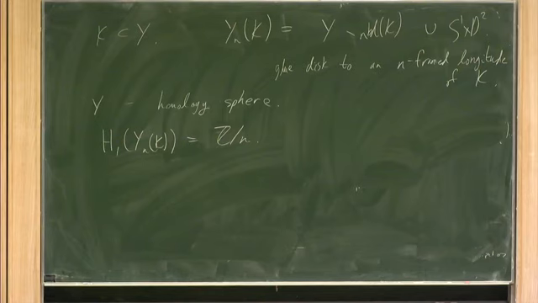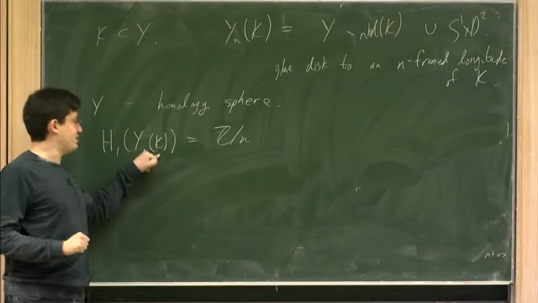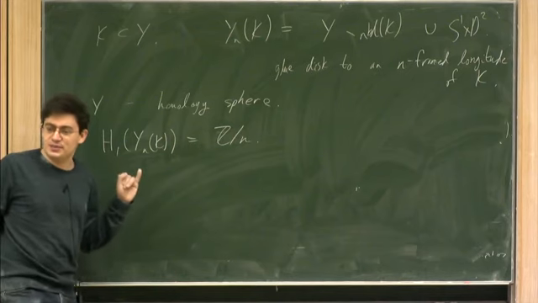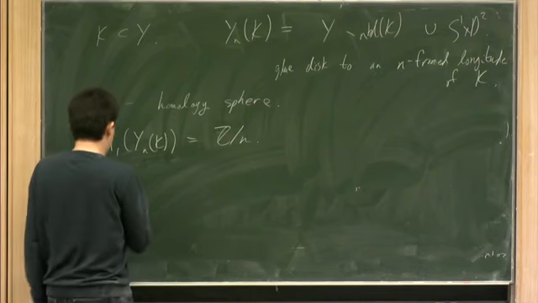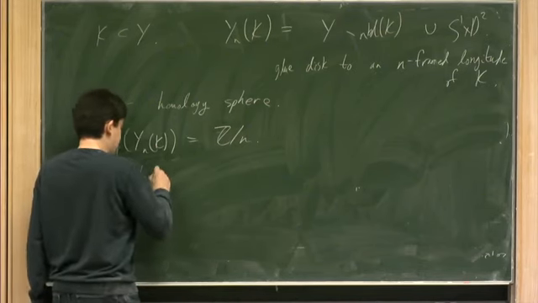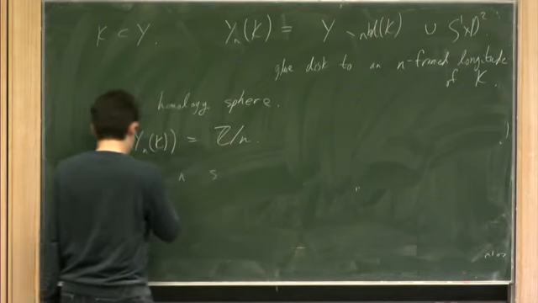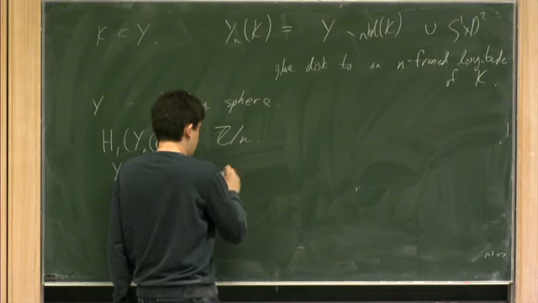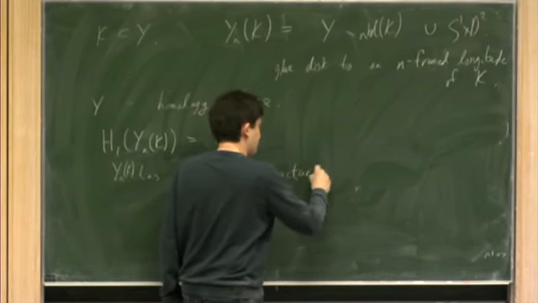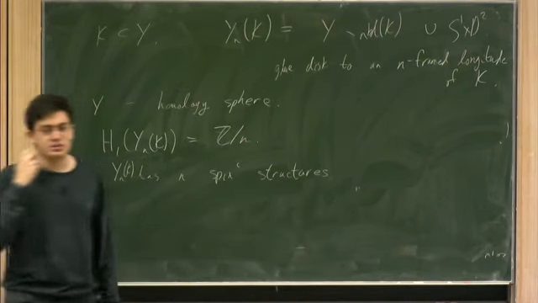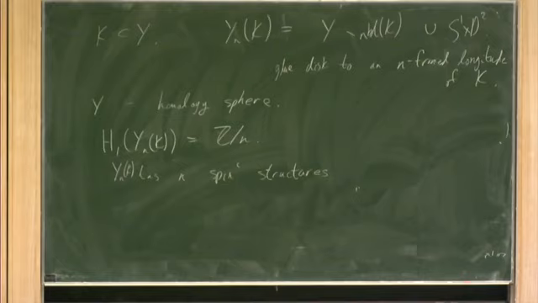Therefore, there are n spin^c structures on that manifold. So Y_n(K) has n spin^c structures. Now there's a good way of characterizing them.